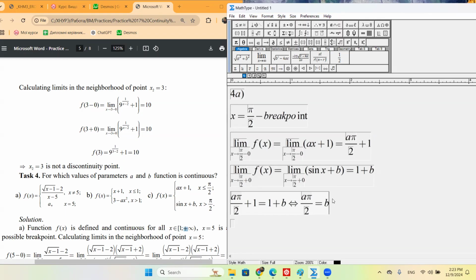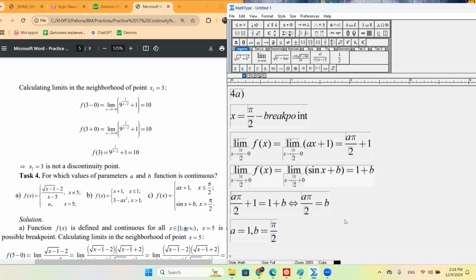Pi over 2 probably. So which of them? So a must be equal to pi over 2, or b? Okay. So we assign a equals 1, and b will be equal to pi over 2, basically.